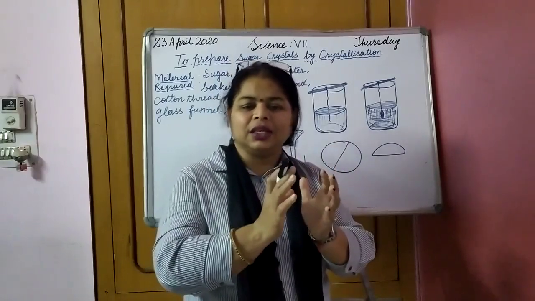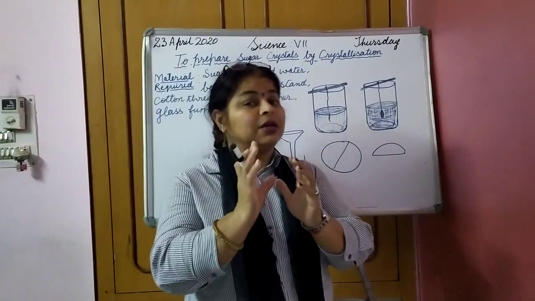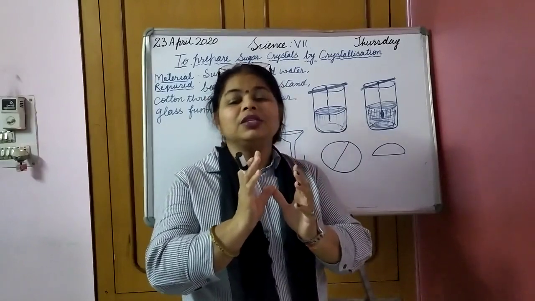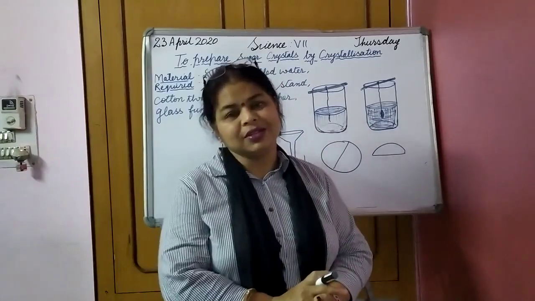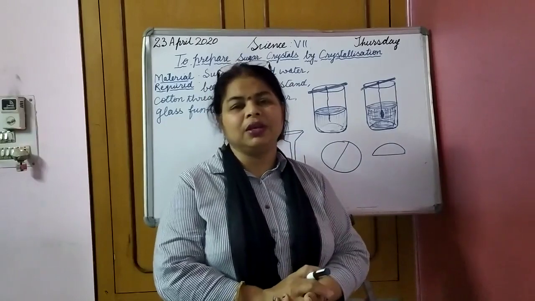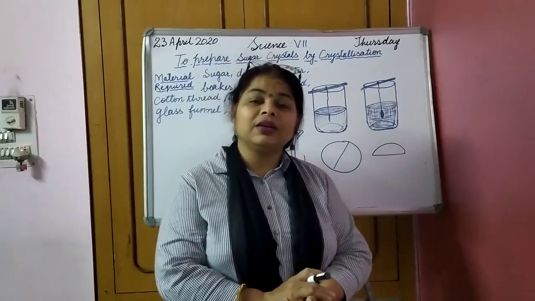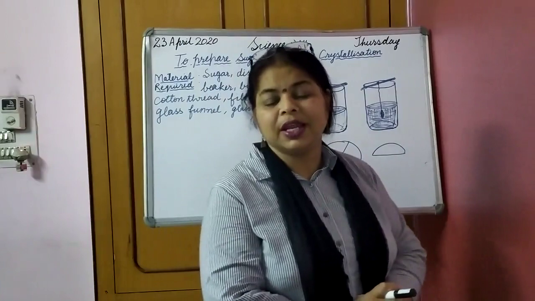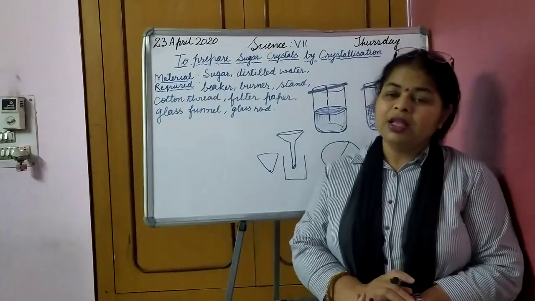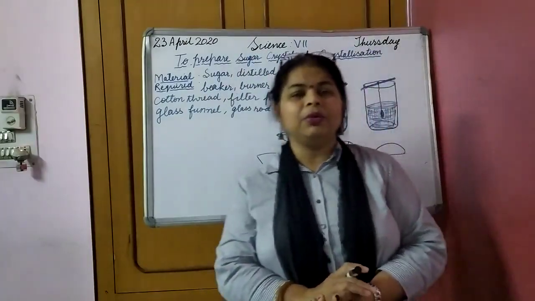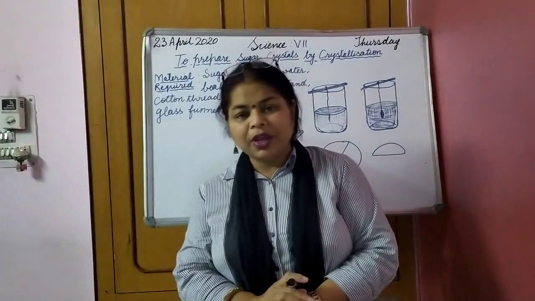They start collecting in definite geometrical shapes that form the crystals. In the last class I told you that crystals can be of any shape, they can be tetrahedral, cubical, cuboidal, so they can be of any shape.